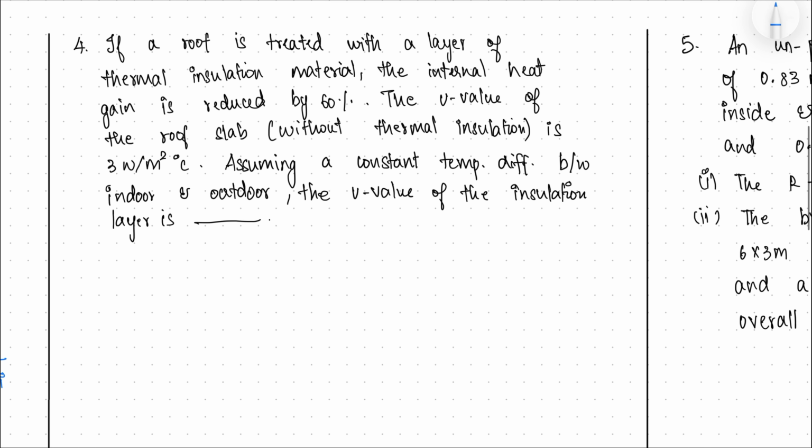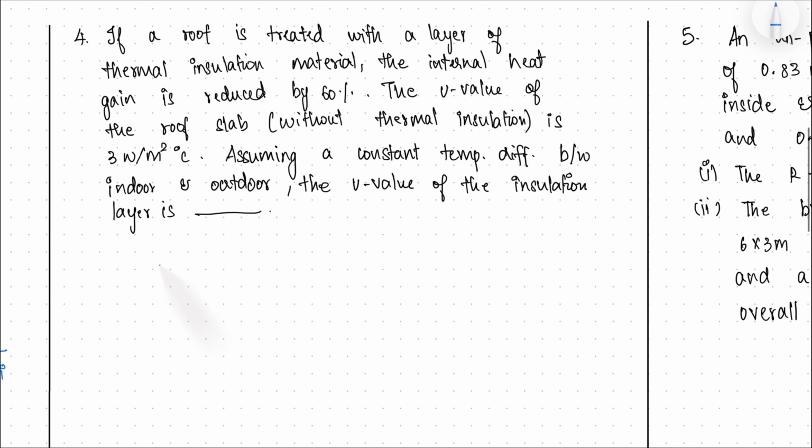They are saying that if the roof is treated with a thermal insulation material, then the heat that is gained, which is basically your heat gain, is reduced by 60%. So the Q value after insulation is reduced by 60%.